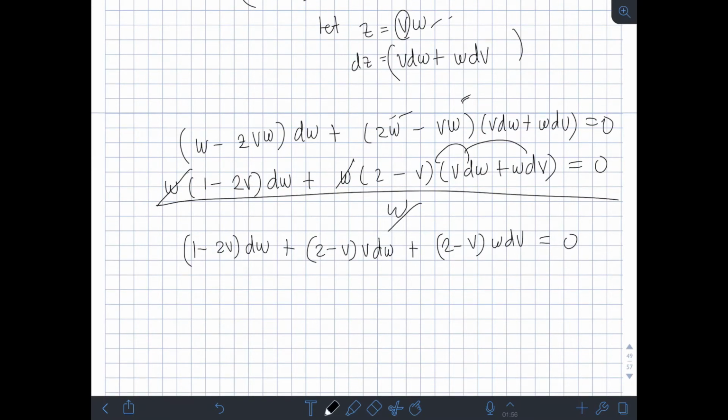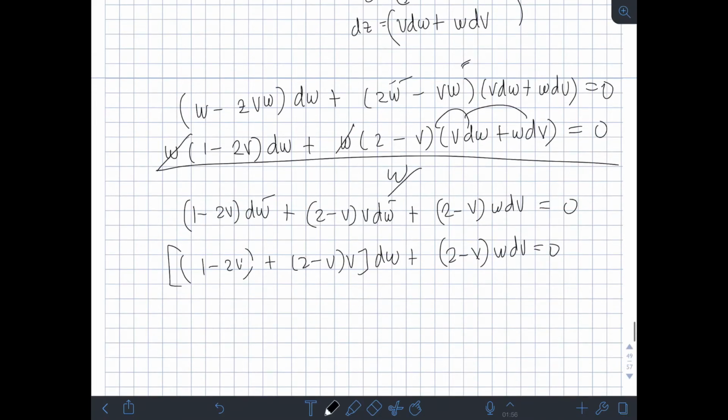So, factor out ko dito si dW, combine similar terms. So, 1 minus 2V plus 2 minus V times V dW plus 2 minus V W dV equal 0. So, simplify ko muna to distribute. So, 1 minus 2V plus 2V minus V squared dW plus 2 minus VW dV equal 0.